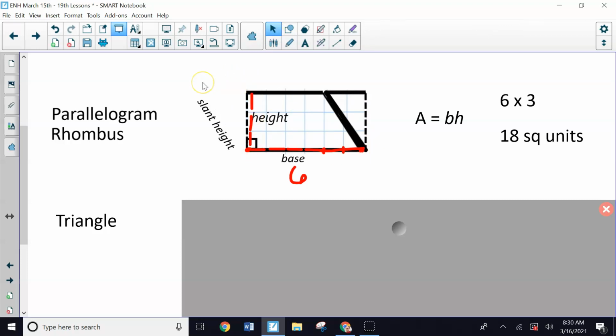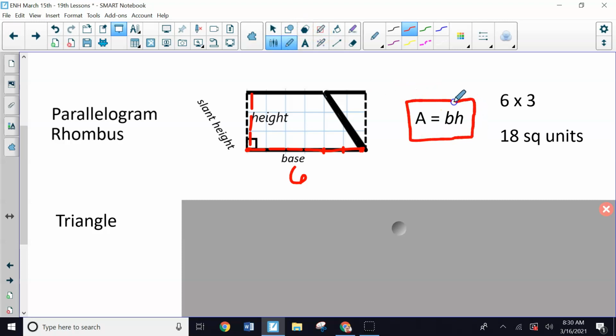It's the same as a rectangle, but we just use base and height instead of length and width. So we use 6 and 3, multiply those, and that's our area right there. So take your pen, write all of these notes down, and just box that in. That is our key, that is our formula for all parallelograms.